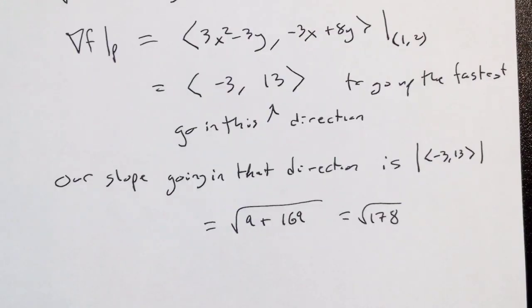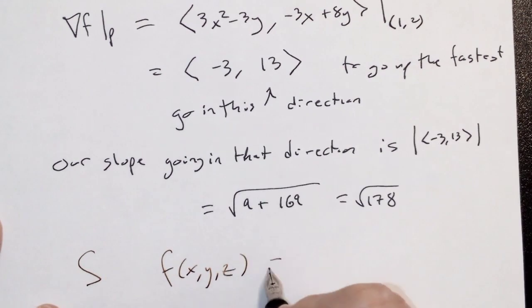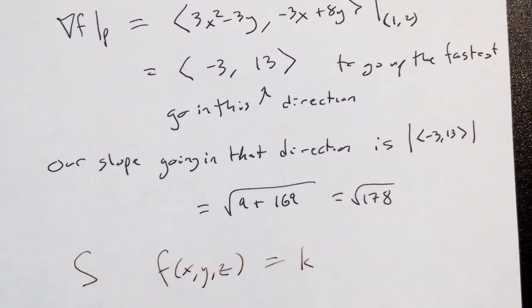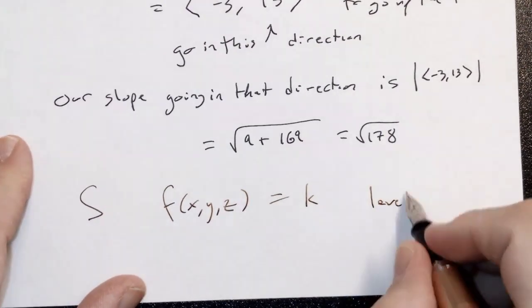But the fact that these are perpendicular tells me something better. Let's suppose I had a function of 3 variables again. The set of points where that is equal to some number, that's a level surface.